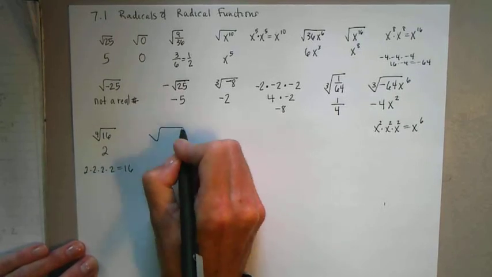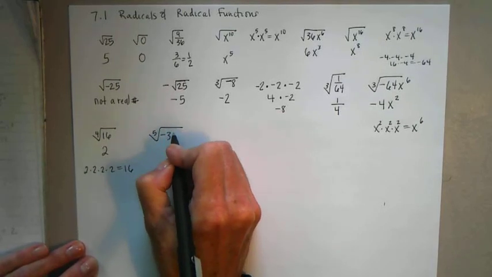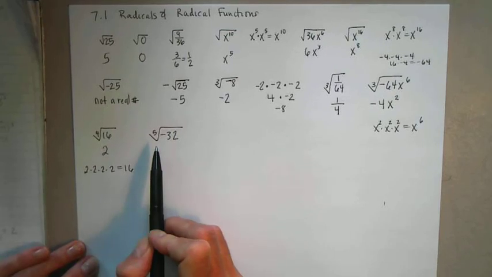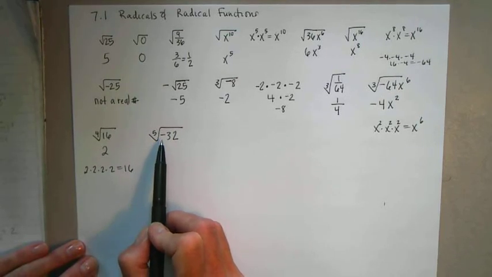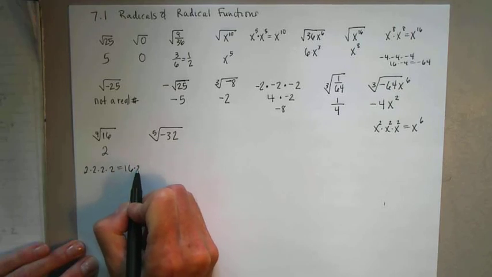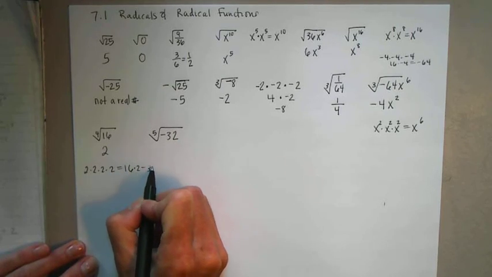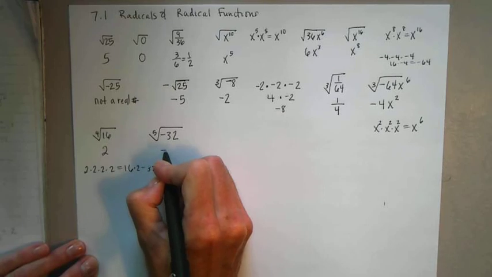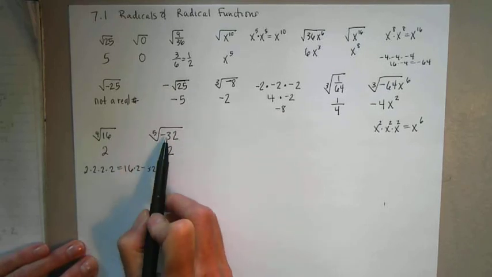How about the 5th root of negative 32? So I can have a negative, and what times itself 5 times is 32? Well, 4 of them was 16. If I did one more, that would be 32. But they all need to be negative, don't they, to make a negative 32.